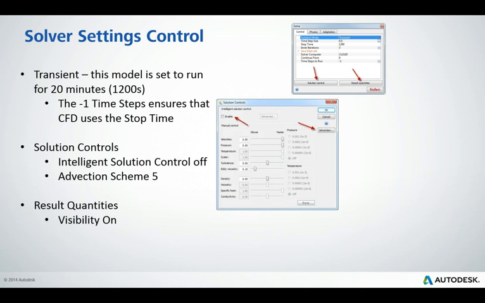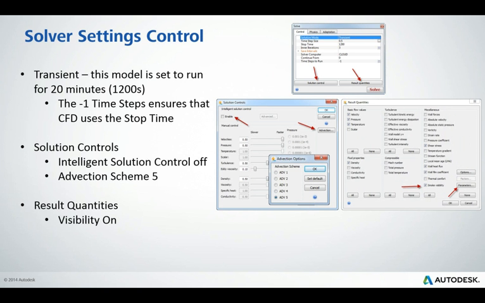And then within solution controls, almost always we turn the intelligent solution control off, so that CFD is fixed rigidly to the time steps that we've prescribed. We would use Advection Scheme 5. And then within result quantities, we turn on visibility and set our smoke visibility parameters.